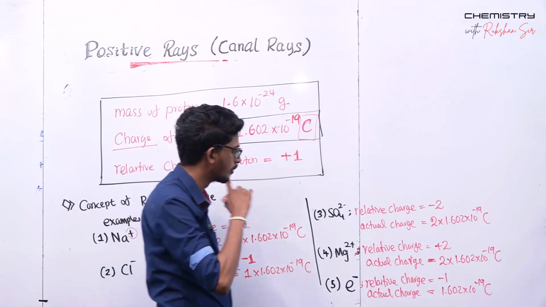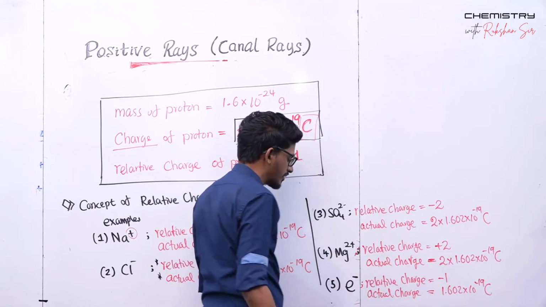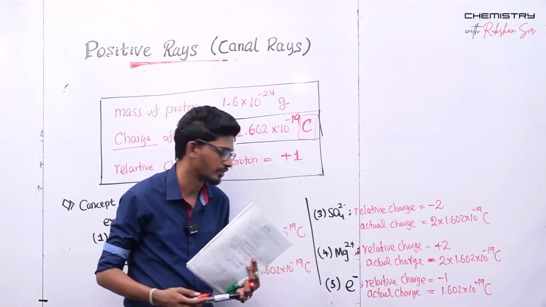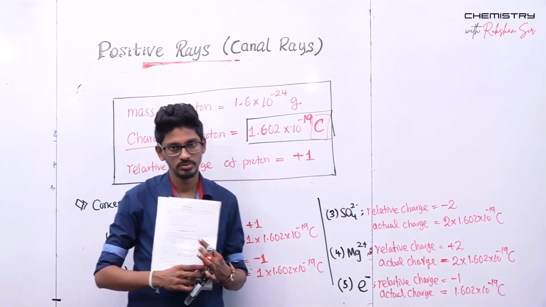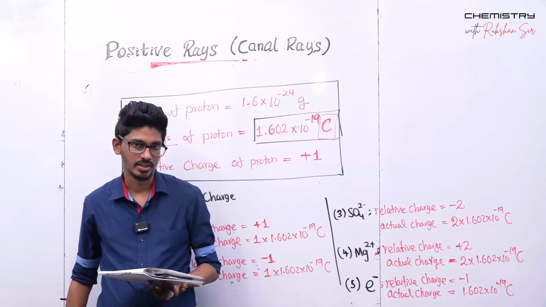When you are writing the Coulombic charge, you don't put any sign, but the relative charge is minus 1 because the charge of the electron is opposite to that of the proton. Okay, that is the idea.